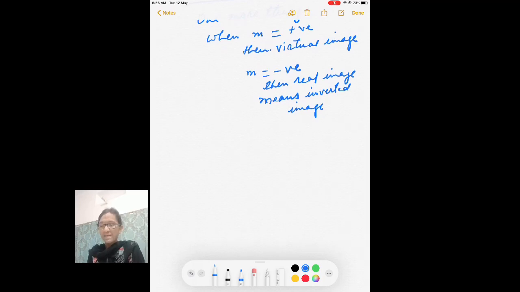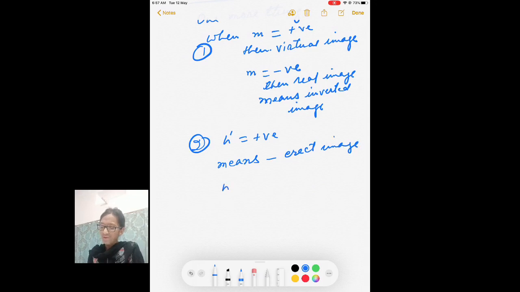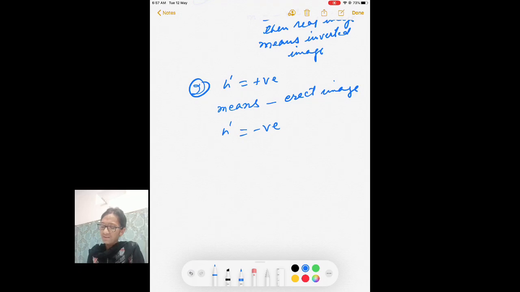Now, if h dash comes positive, it means erect image. If it comes negative, it means inverted image.